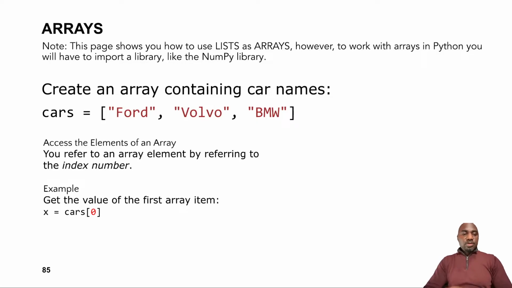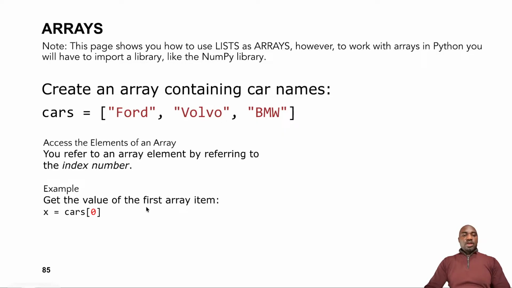You don't just create a list, but we can use lists as arrays. Access the elements of an array: you refer to an array element by referring to the index number. So versus just listing things, if we wanted to pull something out of a list, we virtually have turned it into an array, and we can use it via index numbers.